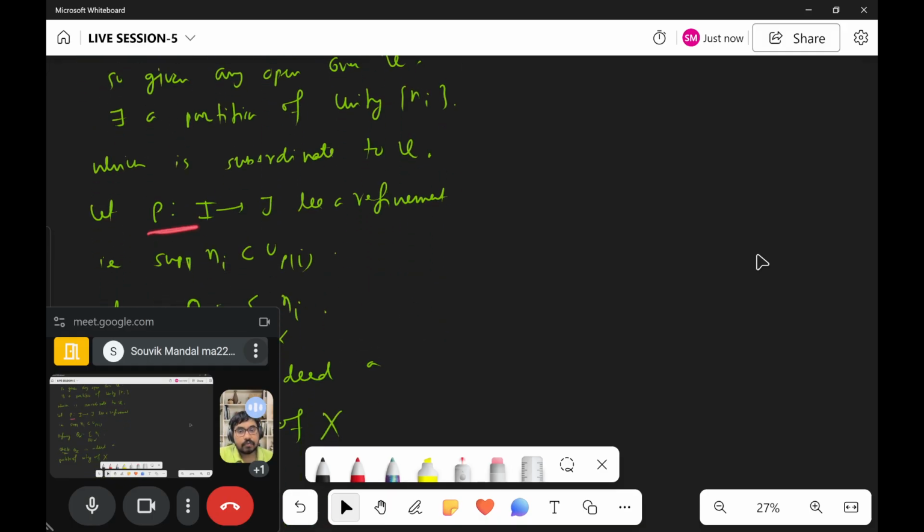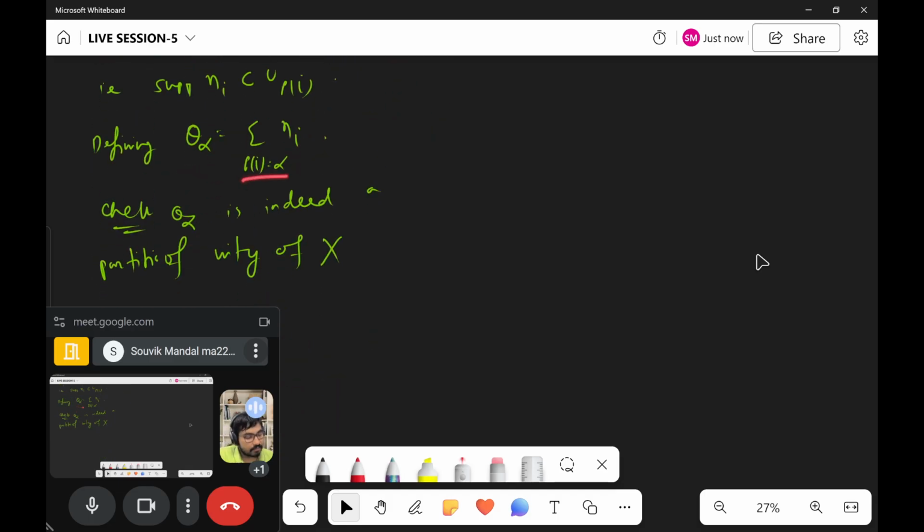So we choose a refining function rho from I to J, so that the support of eta i is a subset of U rho i, and we define theta alpha to be the summation of eta i over rho i equal to alpha. We have checked that theta alpha is indeed a partition of unity.